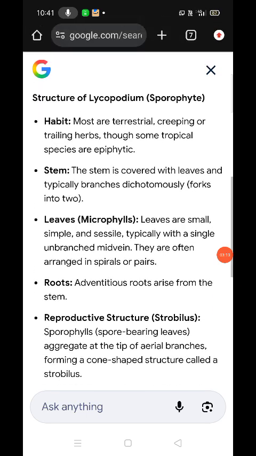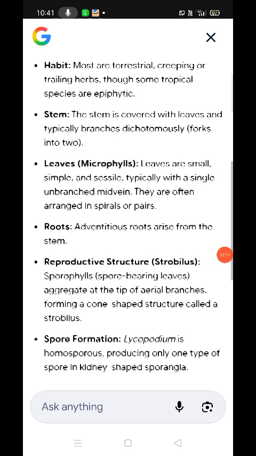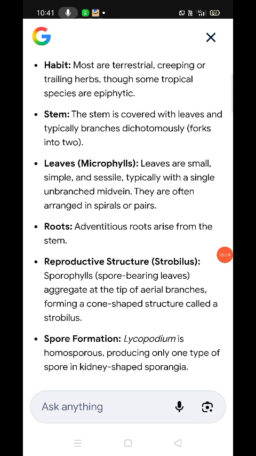Now, along with this sporophytic structure, there is a reproductive structure present at maturity, known as the strobilus. Sporophylls, or spore-bearing leaves, aggregate at the tip of aerial branches, forming a cone-shaped structure called a strobilus. So strobili are observed at maturity at the apex of the aerial branches.